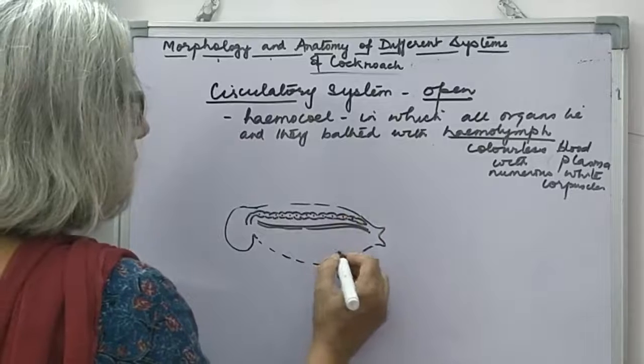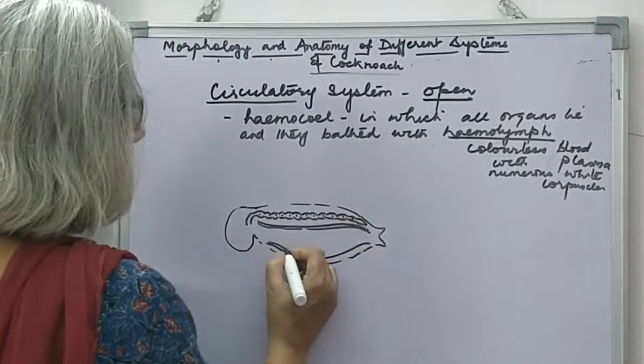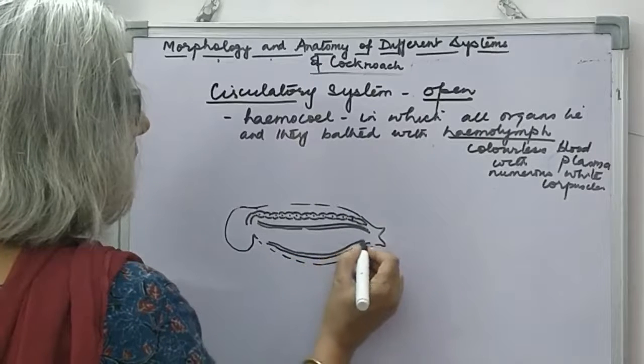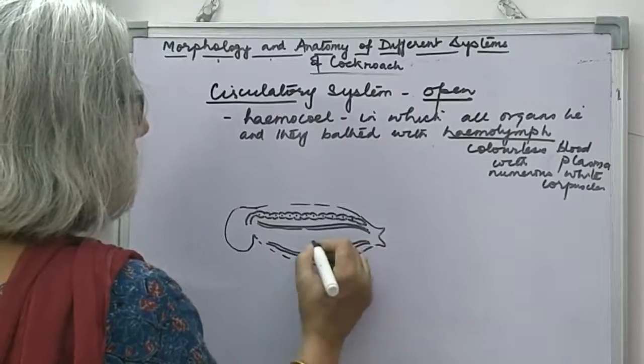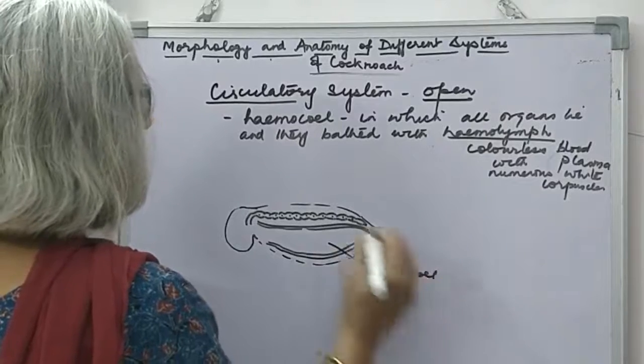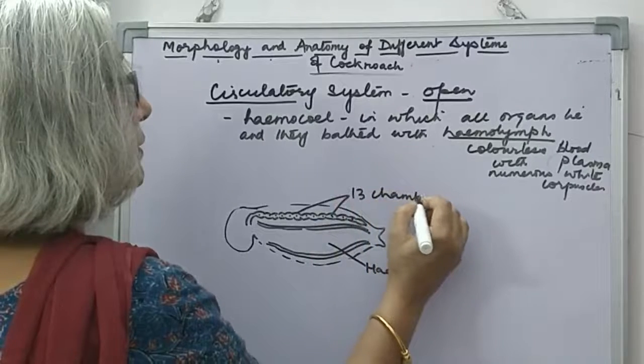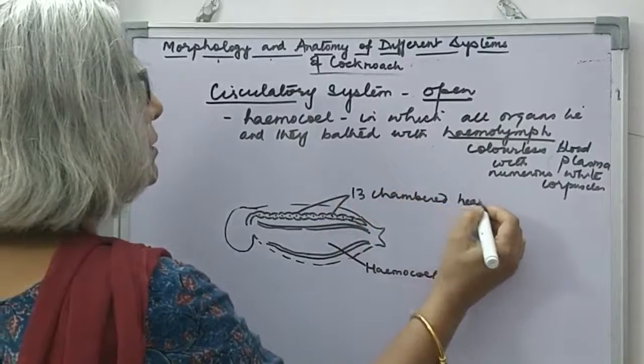This is the hemocoel. These are 13 chambered hearts.